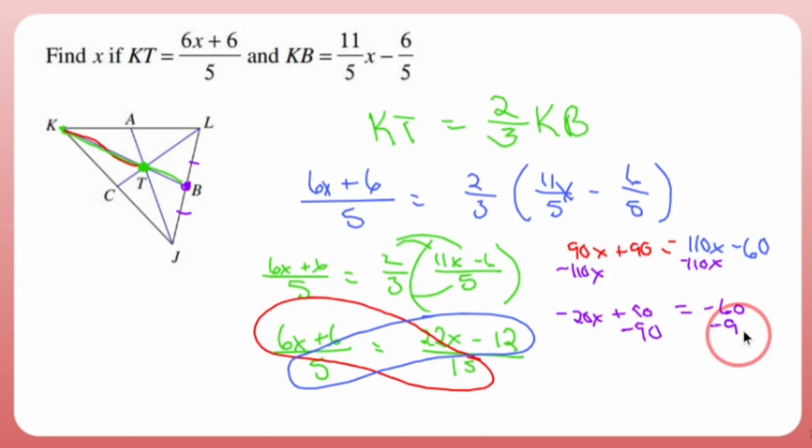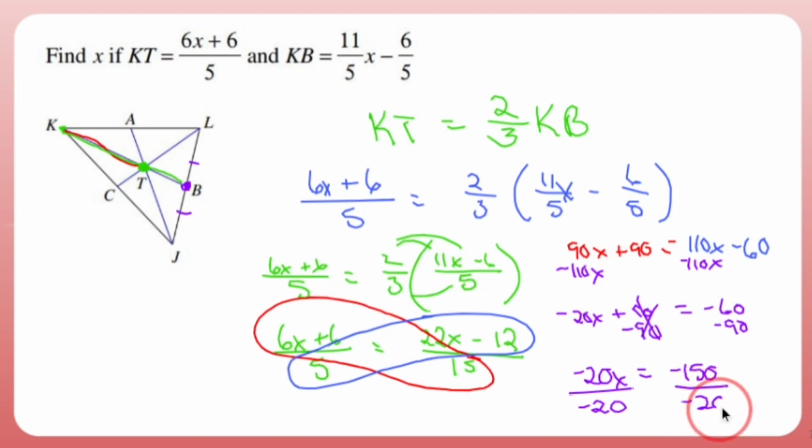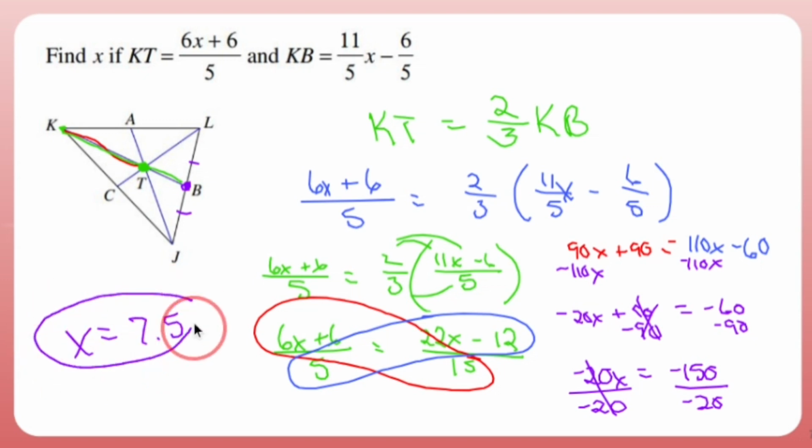That gets me negative 20x equals negative 150. Divide both sides by negative 20, and x equals positive 7.5. Not fun at all, but that's medians. They're just not fun.